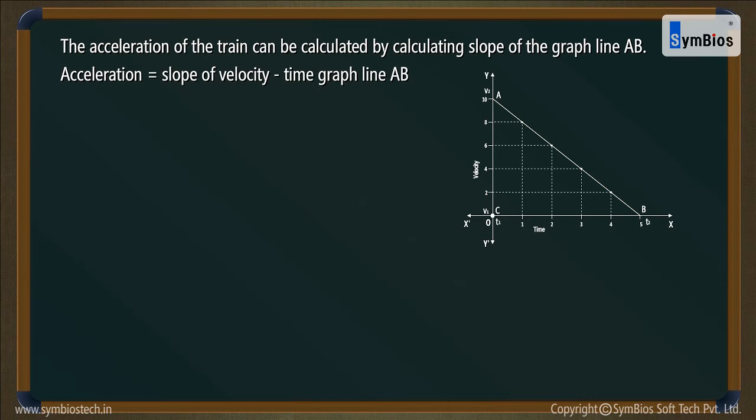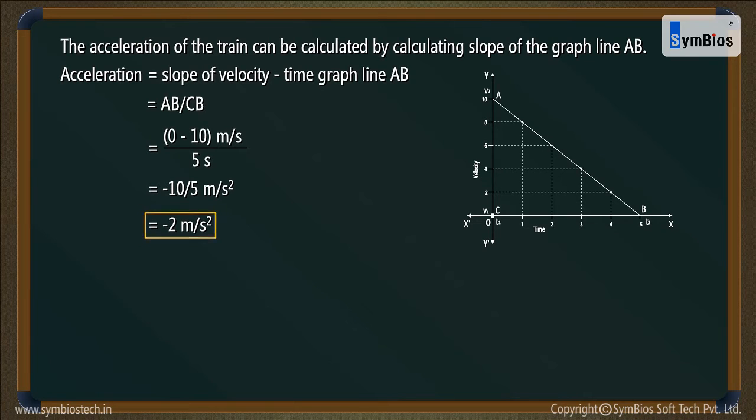Acceleration is equal to the slope of the velocity time graph line AB, which is equal to AB by CB, equal to 0 minus 10 meter per second by 5 second, equal to minus 10 by 5 meter per second square, equal to minus 2 meter per second square. The negative sign of the acceleration shows that the train undergoes a uniform retardation.